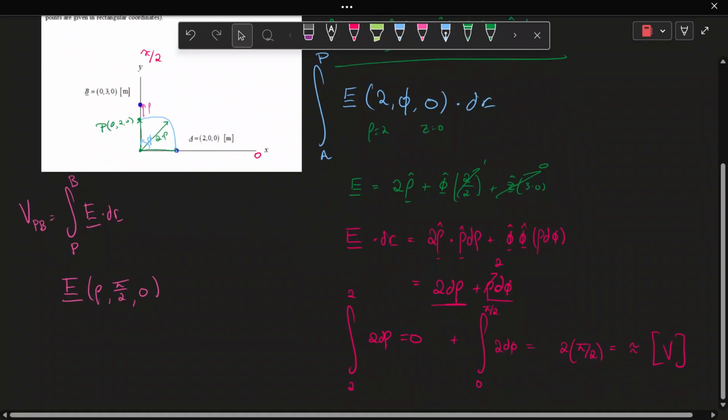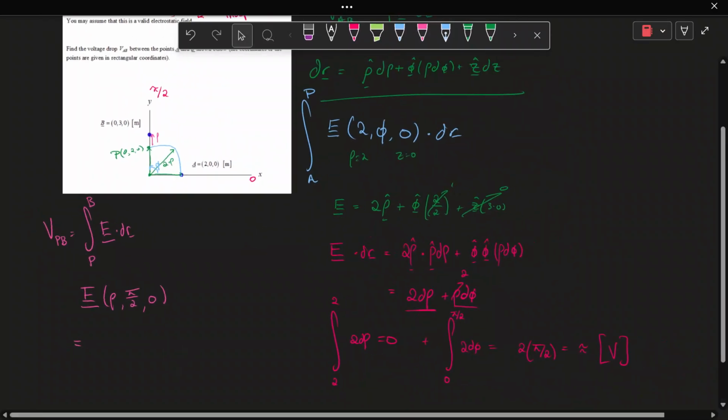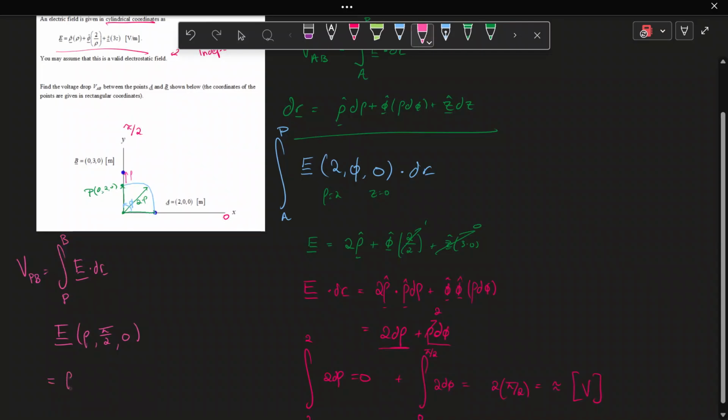So what are we going to do? We're going to leave this, and we're going to rewrite our equation in terms of these variables. Rho doesn't change, so we have rho hat rho plus phi hat 2 over rho plus z hat 3 times 0, which again is still 0.